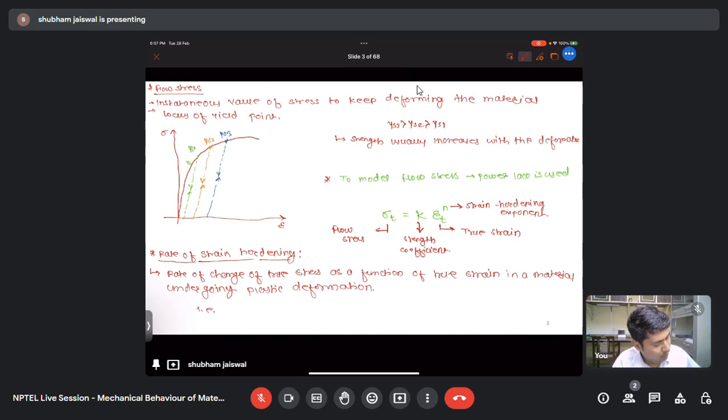That is d sigma by d epsilon. So this is our rate of strain hardening.